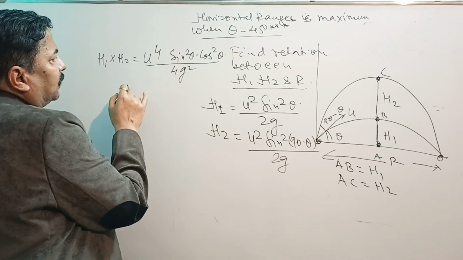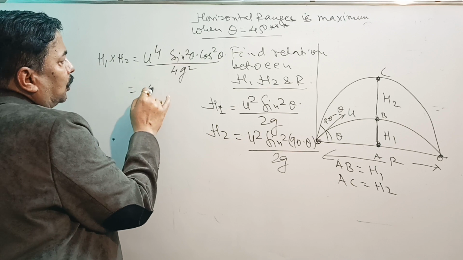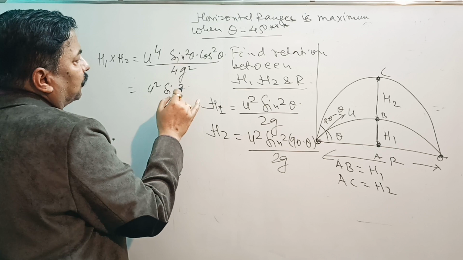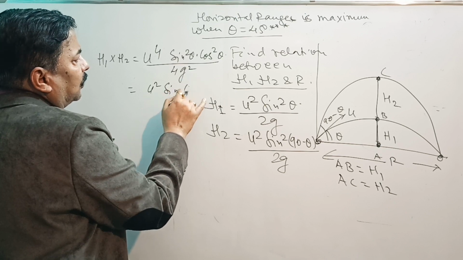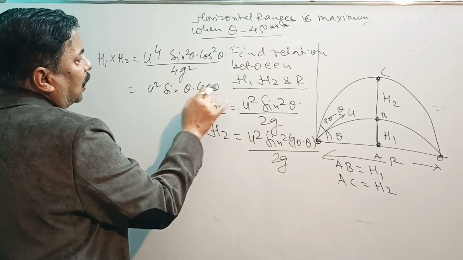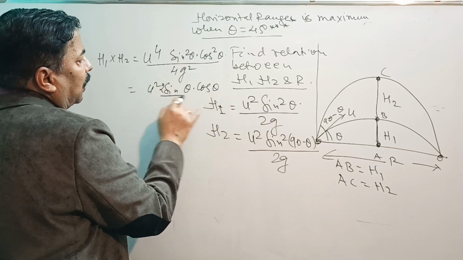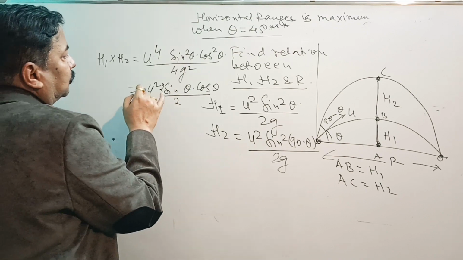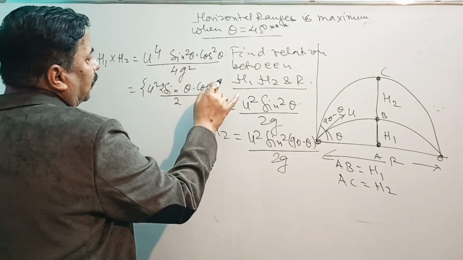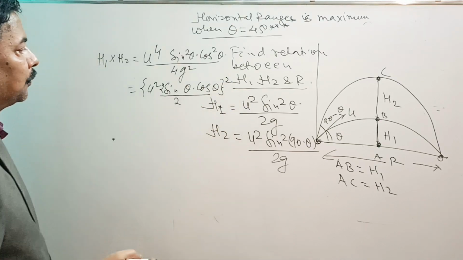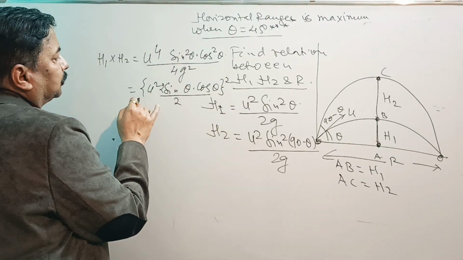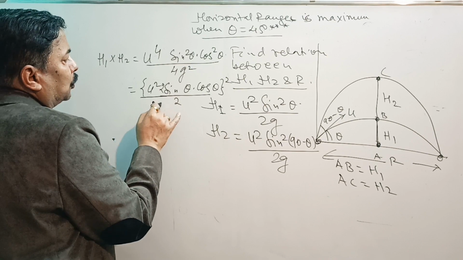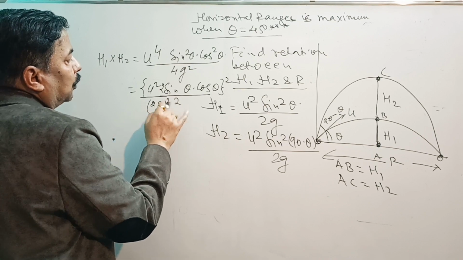This can be written as u square sine square theta cos theta, 2 divided by 2, whole square, by 2g whole square.